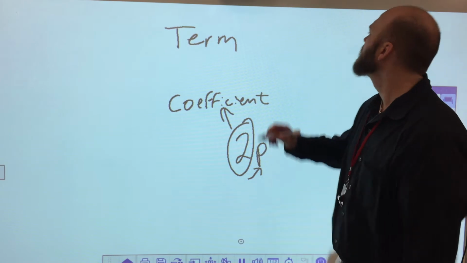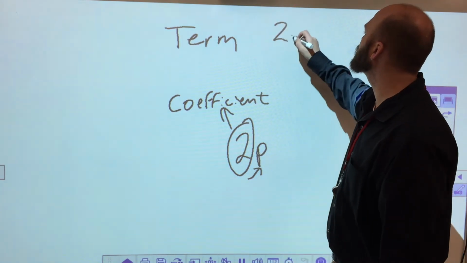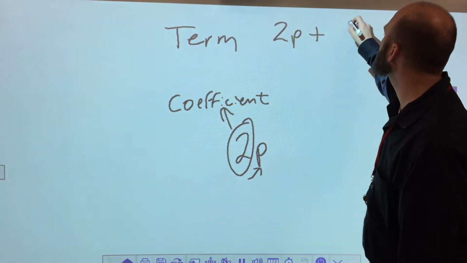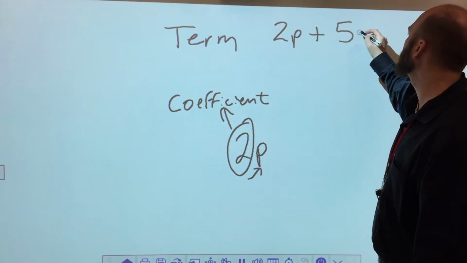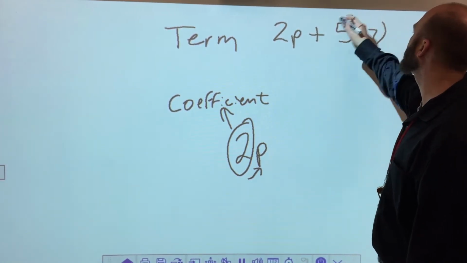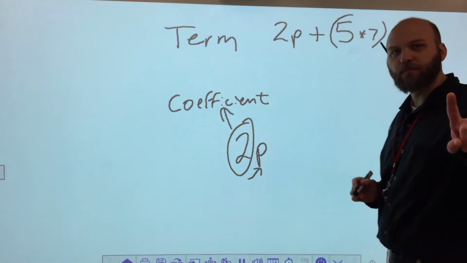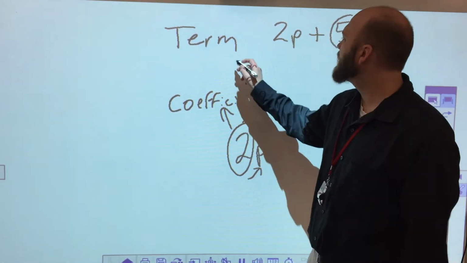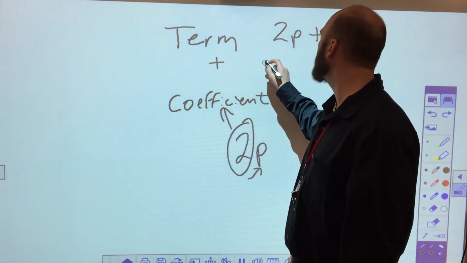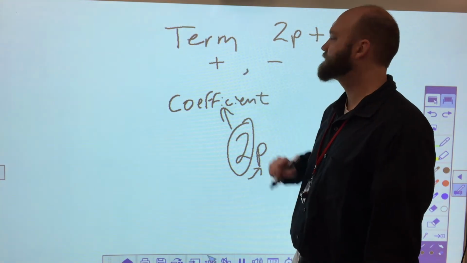Now my terms, for example, if I had 2p plus 5 times 7. A term is a part of an expression that is separated by either a plus or a minus sign.